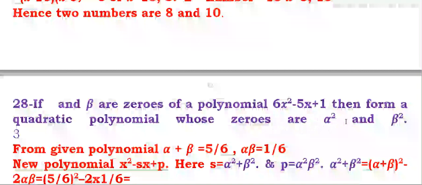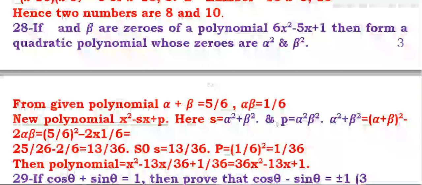Here the equation will be x square minus sx plus p. Here we will calculate the sum of alpha square plus beta square and the product alpha square into beta square.